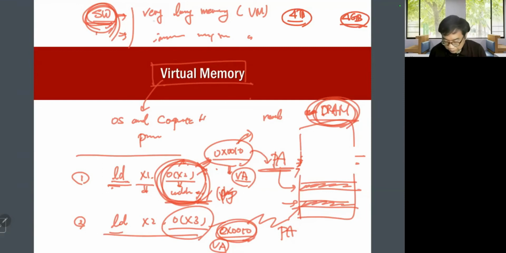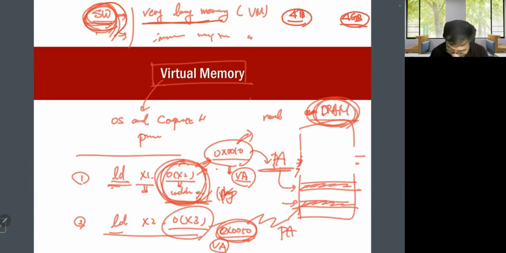So when a software is designed, we don't need to consider the limited size of the main memory of the target system. We can use very large memory, but when the compiled binaries are run on the target system, the operating system or some computer hardware manages the location of the data. This is the concept of virtual memory.